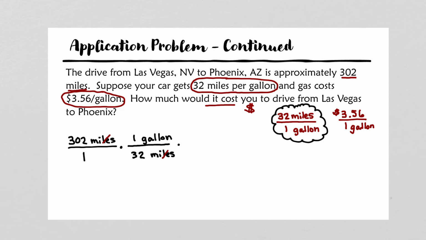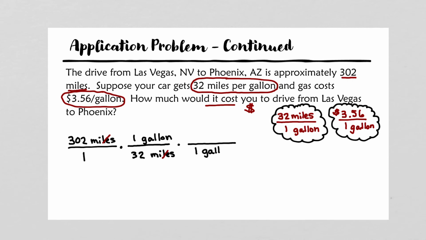We're going to use that last rate to now make the conversion because we are now at gallons, but we need to still go to cost. So let's use that second rate, $3.56 per gallon, and incorporate that into our problem. We want to do so that things cancel properly.